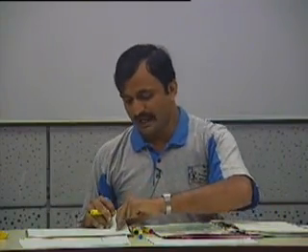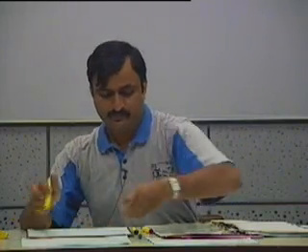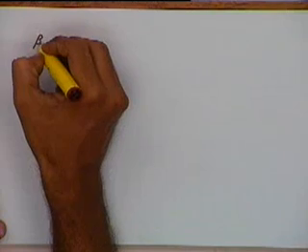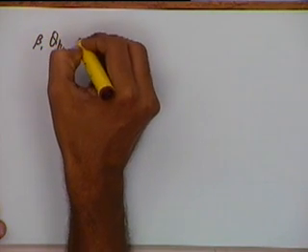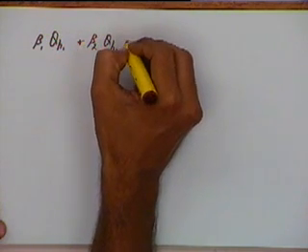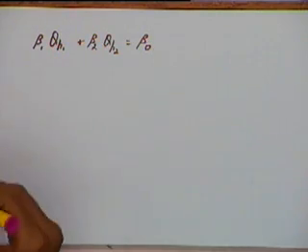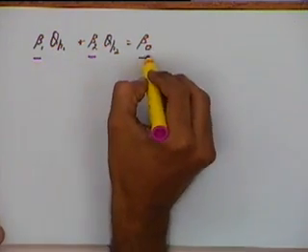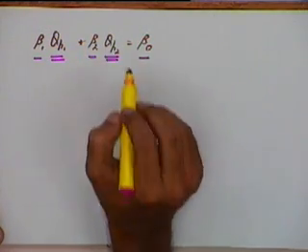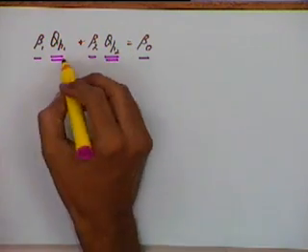So if you take a general multi-point boundary condition, let us say beta 1 QP1 plus beta 2 QP2 is equal to beta naught, where beta 1, beta 2 and beta naught are constants, and QP1 and QP2 are the deformations of two nodes.